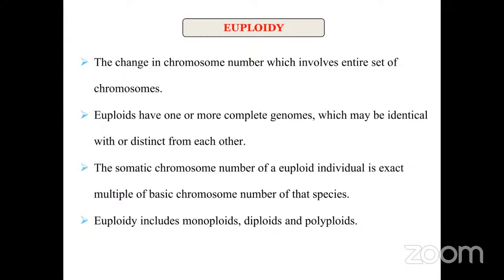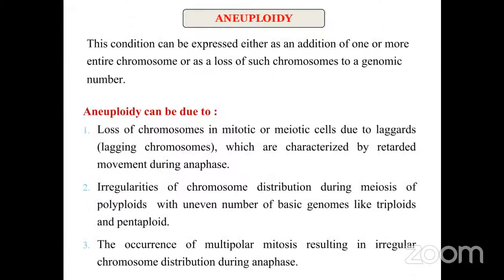The somatic chromosome number of a euploid individual is an exact multiple of the basic chromosome number of that species. Euploidy includes monoploids, diploids, and polyploids. So the entire chromosome set is duplicated there.